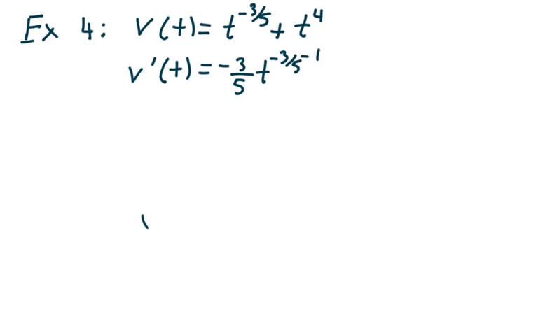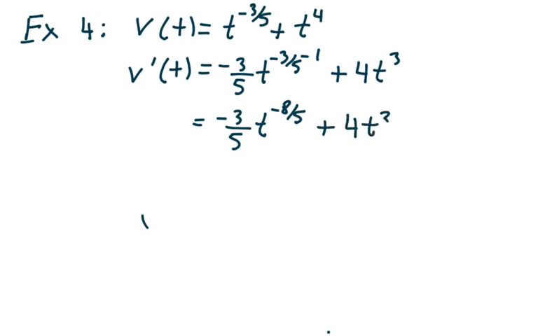So we bring the negative 3/5 out in front and we subtract 1 off the exponent. And then we're going to add 4t to the third, right? 4 minus 1 is 3. Now negative 3/5 minus 1 is negative 8/5. So I'm going to put a negative 8/5 up on top there. And then I'm going to add 4t to the third.